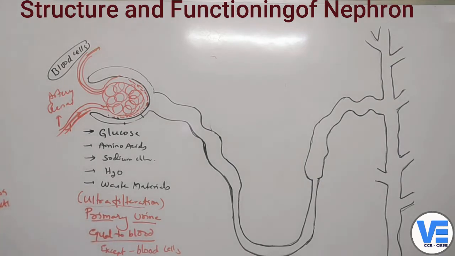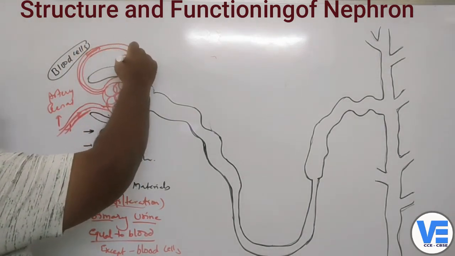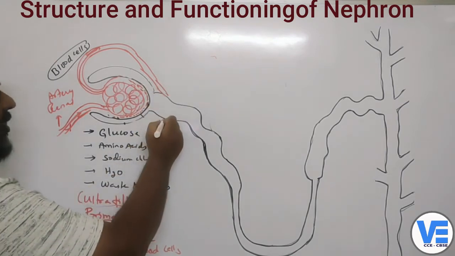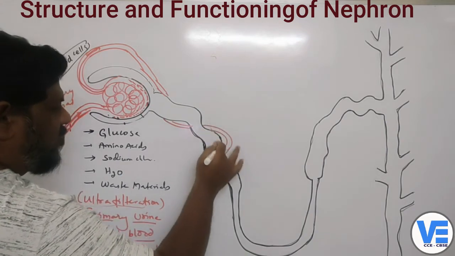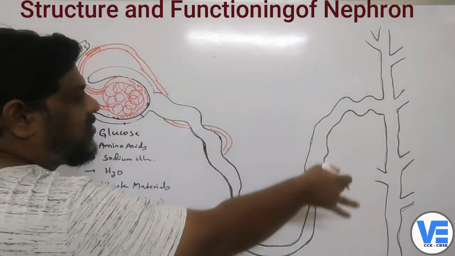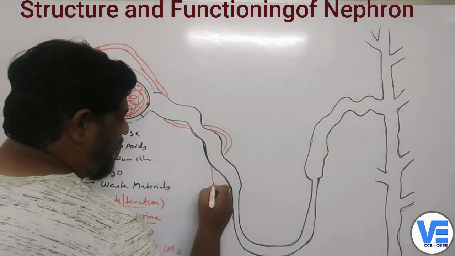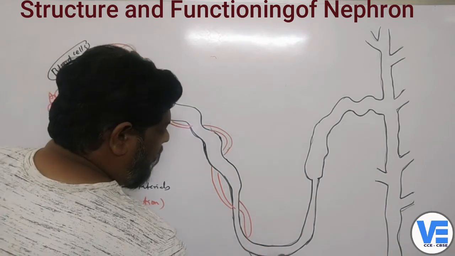Okay. Now coming to the next point. Now you can see here the efferent arteriole. Now it comes out, and now it runs parallel throughout the renal tubule. Along with the tubule, this particular efferent arteriole will run.